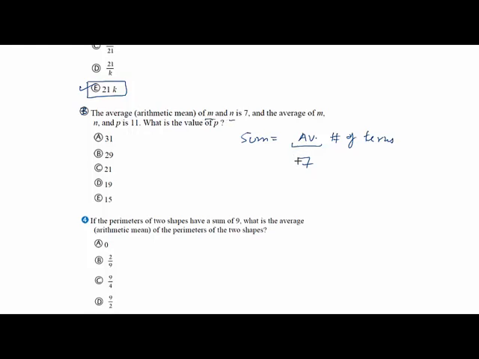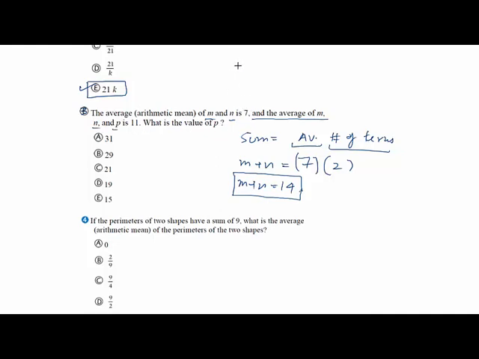So you can write the sum m plus n equals 7 times the number of terms, 7 times 2, so we can write m plus n is 14. We don't need to go to the second part of the question unless we decode the first part. So we have calculated it, m plus n is 14, and the average of m, n, and p, so these are three terms.